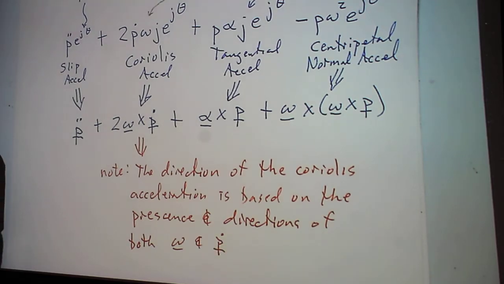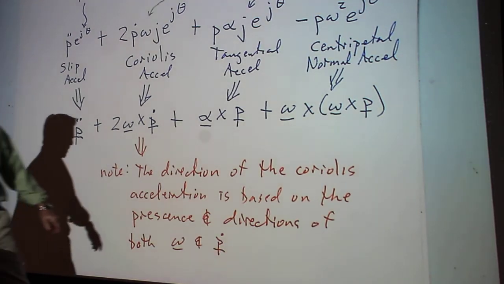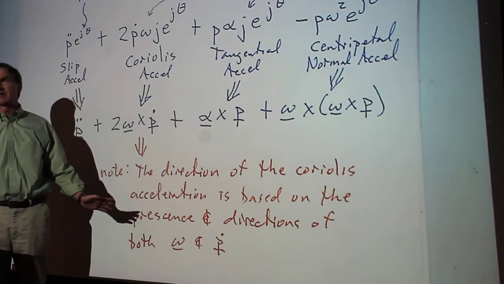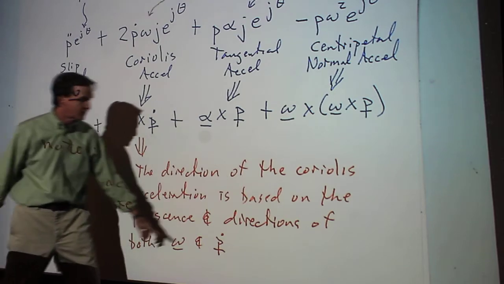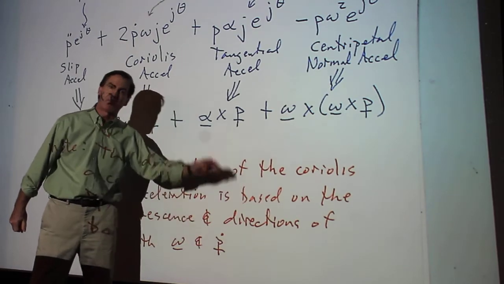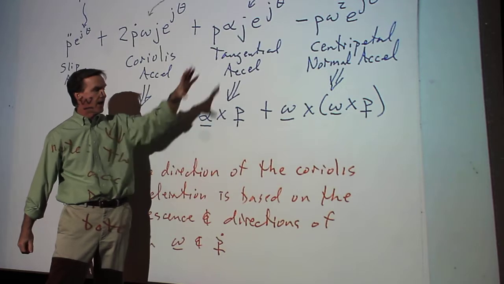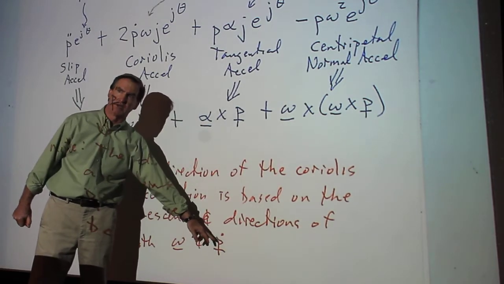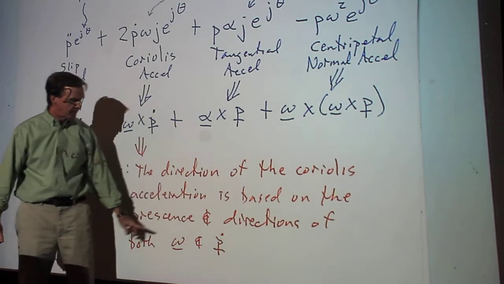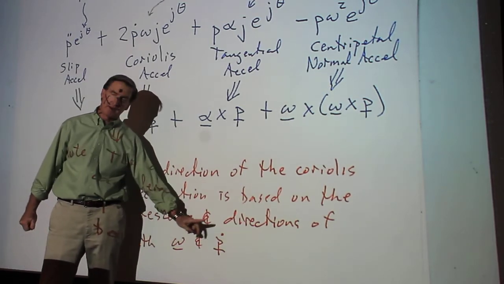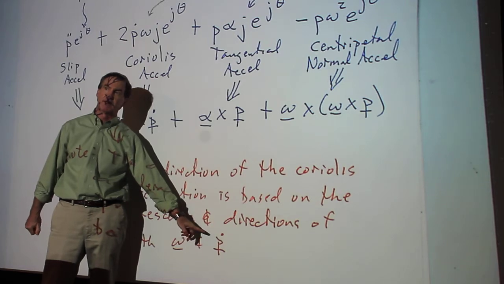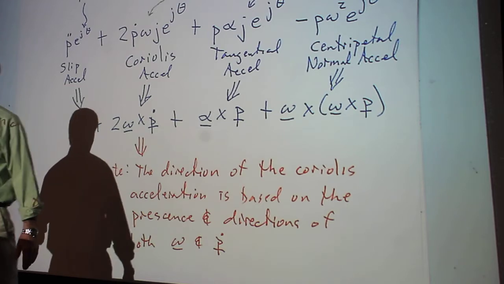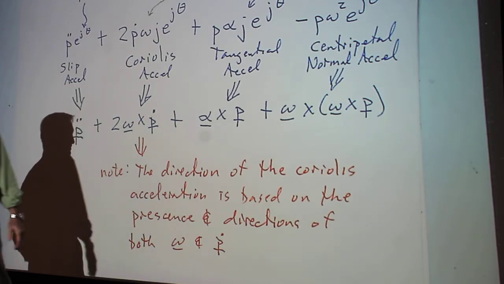So in other words, if there's no rotation, no omega, there's no Coriolis acceleration. If there's no slipping, so if that puck is not slipping either out or towards the center, there's no Coriolis acceleration. Only when there's an omega and a P dot, the slip velocity, is there the presence of Coriolis acceleration. That's what I'm trying to say there.